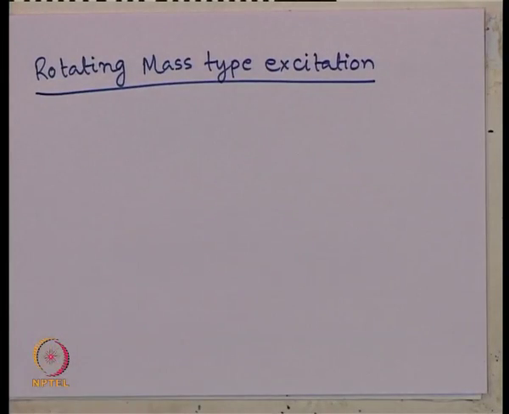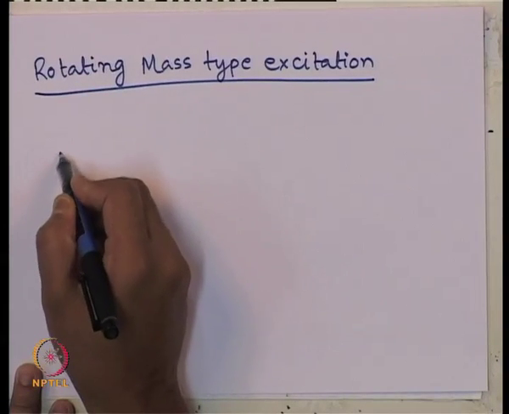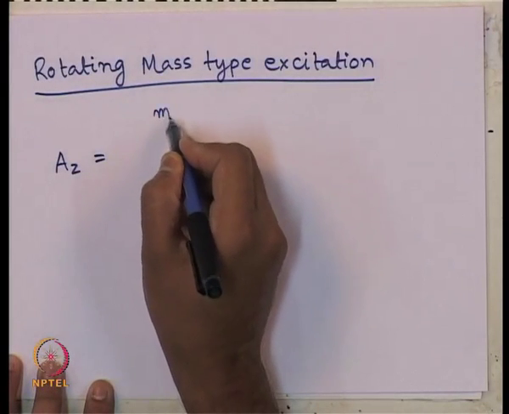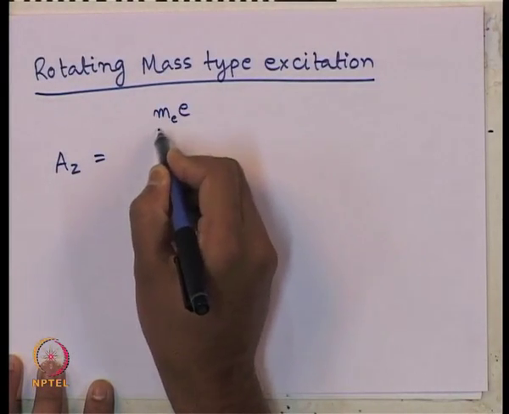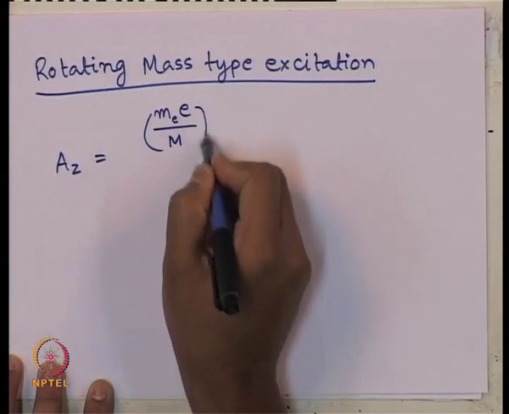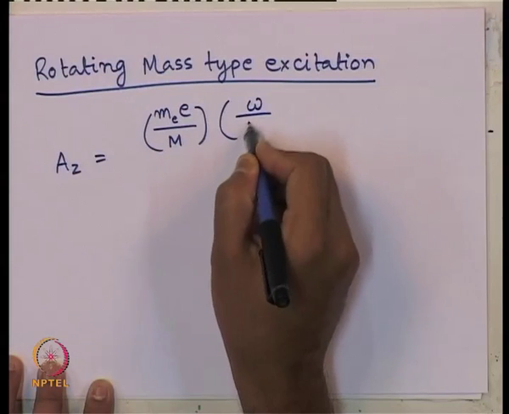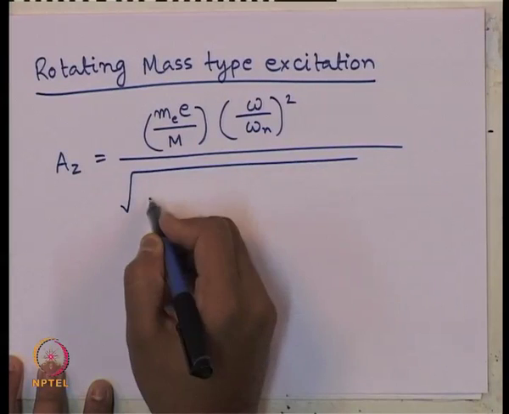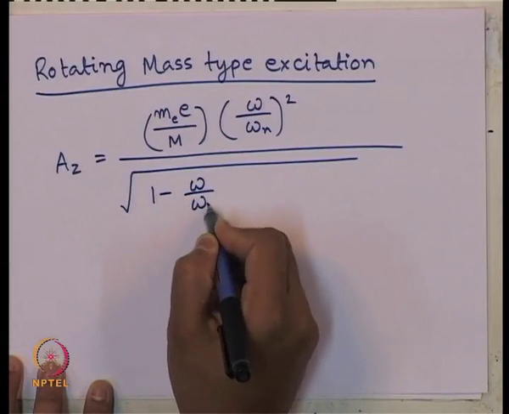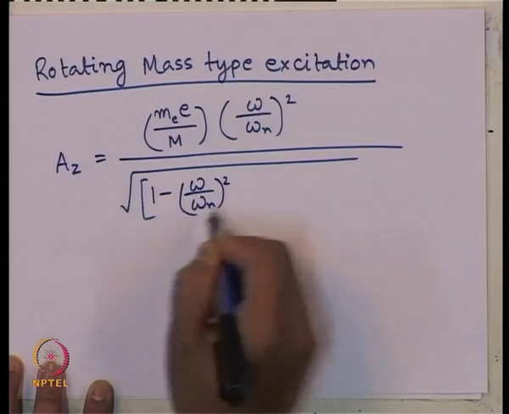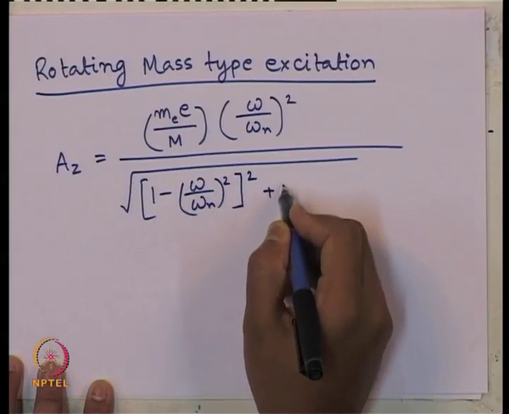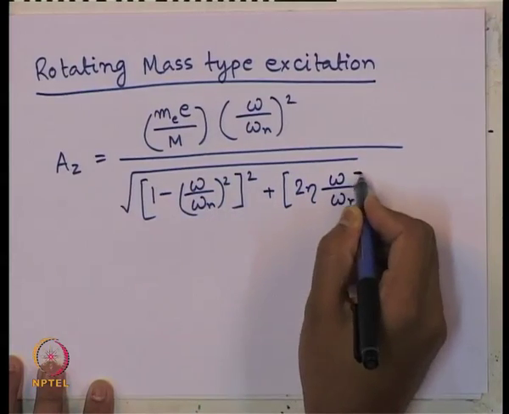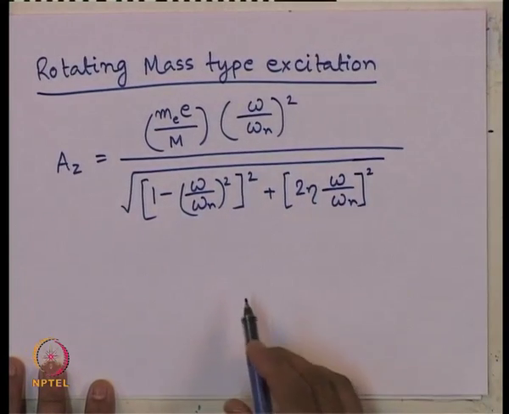In this case, the expression for Az is given by m e e by m, omega by omega n whole square, by root over 1 minus omega by omega n whole square, that square, plus 2 eta omega by omega n whole square, right. That is the expression.